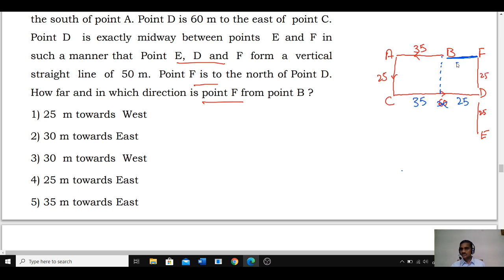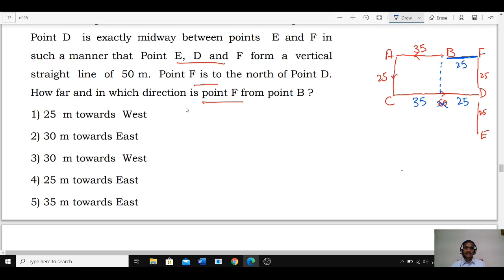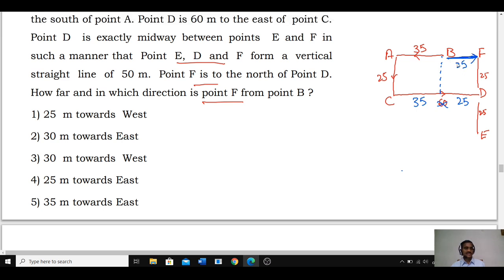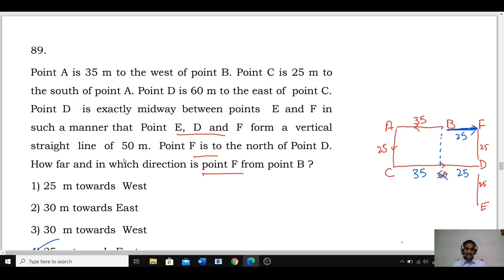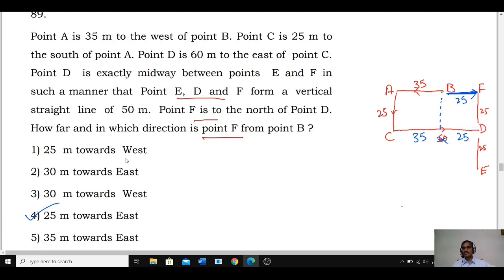Now the same distance is 25. From B, F is in which direction? East. What is the distance? 25. 25 meters towards east, that is choice 4. Question number 89, clear now? Choice 4 is the answer.